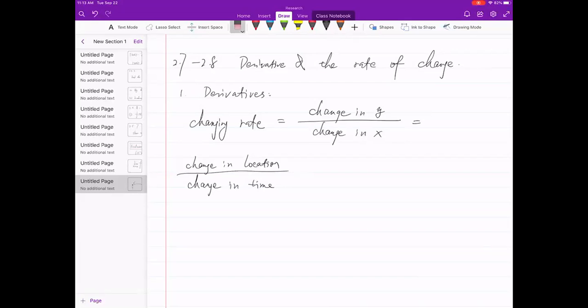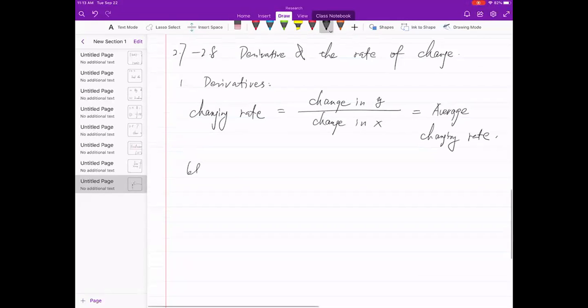What we receive is an average changing rate, just as we receive an average velocity if we do this. After that, we let the changes go to 0. Then your average becomes instantaneous.